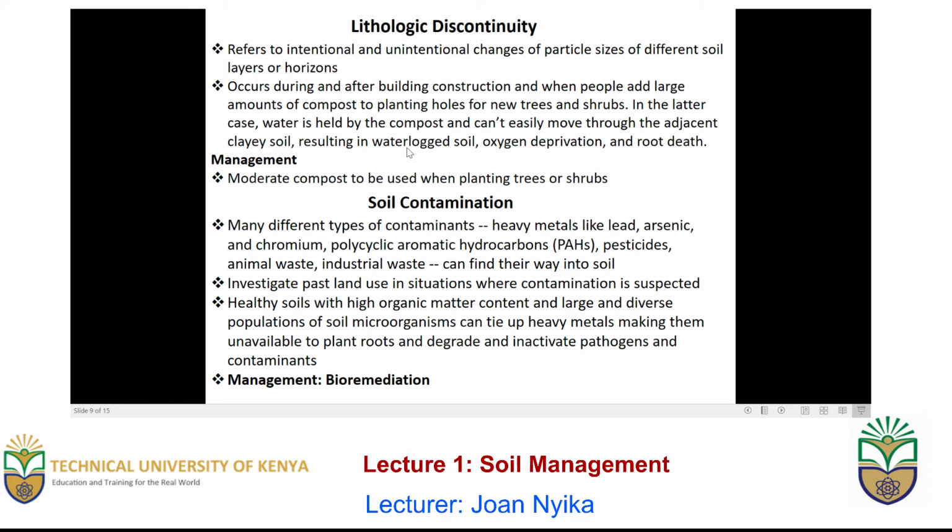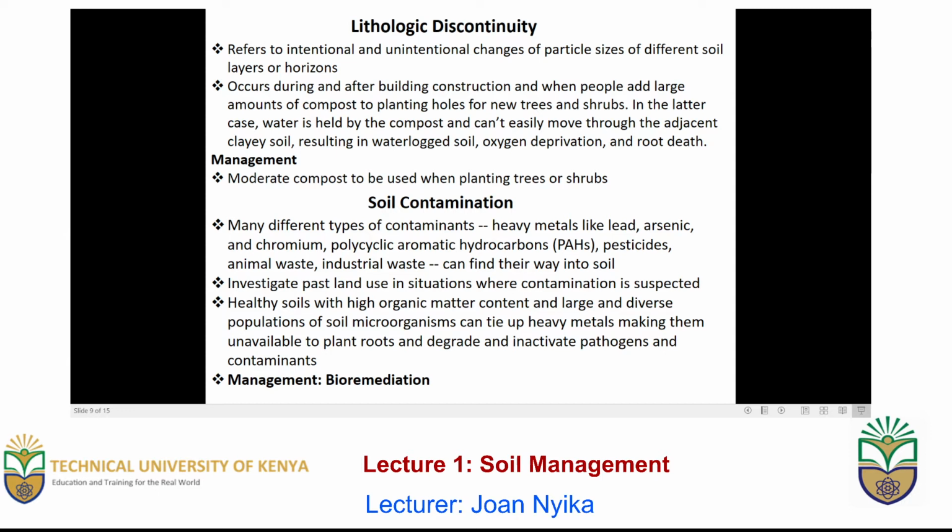This in essence results in waterlogged soils that are poorly aerated, and roots that cannot access the soil water or the nutrients. Therefore, it is not adequate for plant growth.